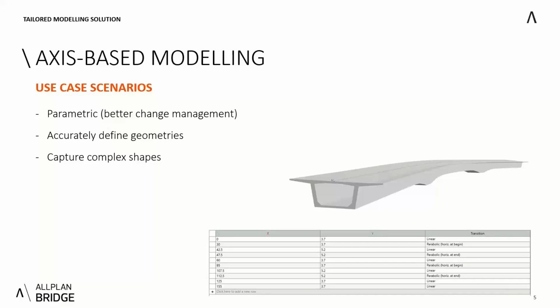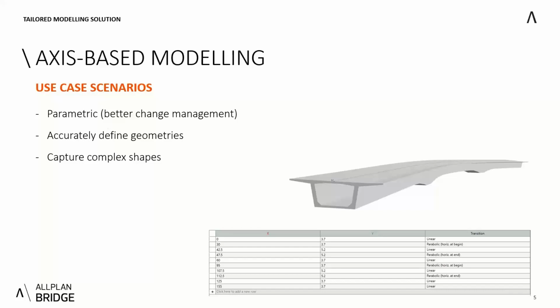We can introduce a parameter for the height of the cross-section of the girder. Then this parameter can change along the alignment based on the station of the alignment. As shown in the table, we have stations from 0 to 155, and for these we have different values for the height of the deck girder. So this changes along the alignment, and in this way we define the geometry accurately.